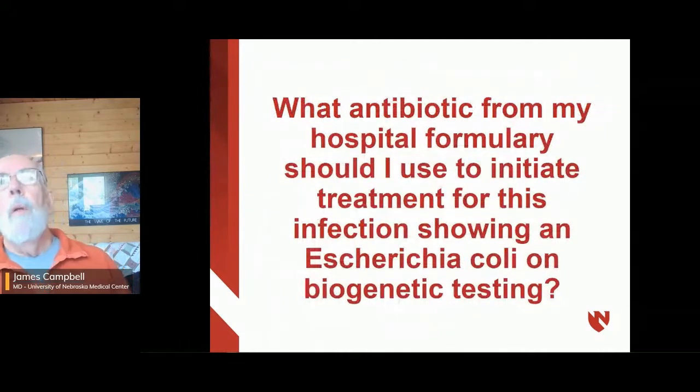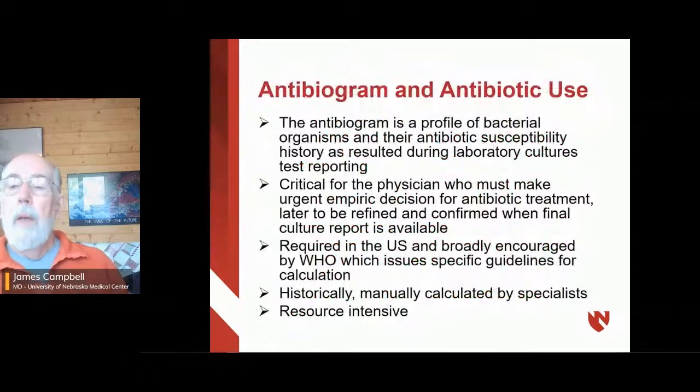So the second use case that I want to discuss is what antibiotic from my hospital formulary should I use to initiate treatment for this infection showing an E. coli on rapid testing? You know, treatment of infections is a common problem in clinical practice. And basically, the standards of care rest upon the use of something called an antibiogram.